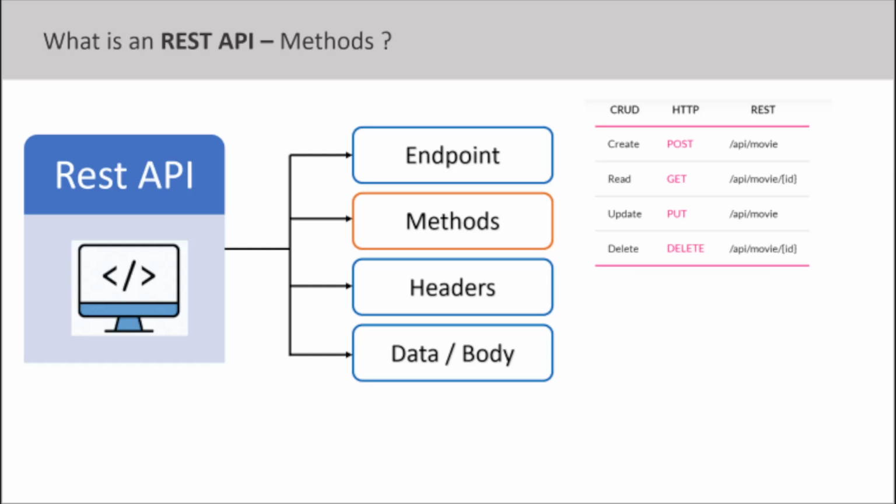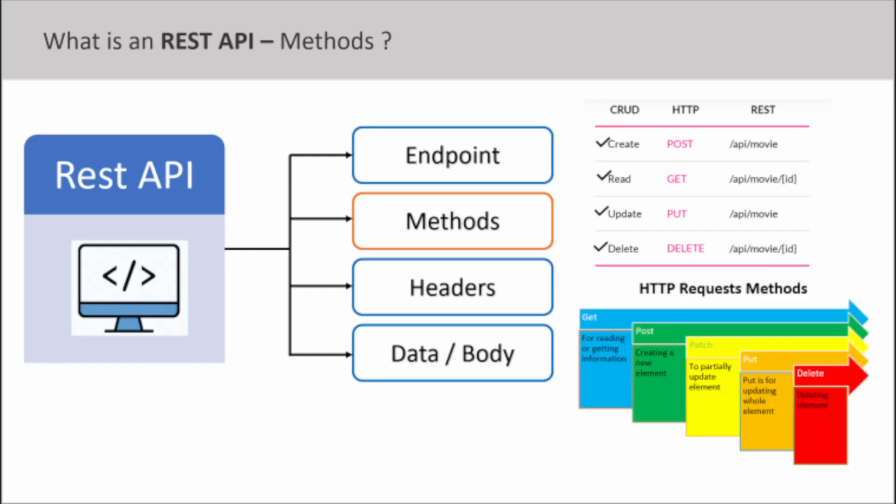These kinds of actions are referred to as CRUD. CRUD basically stands for create, read, update, and delete. Each of these actions uses a different HTTP request method. So if you look at it here, for read, the HTTP method is GET. Similarly, for create, the HTTP method is POST. And similarly for the others also.